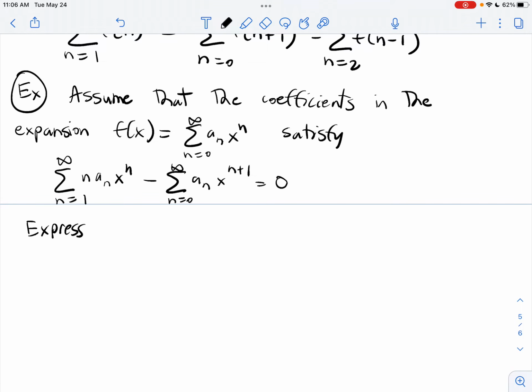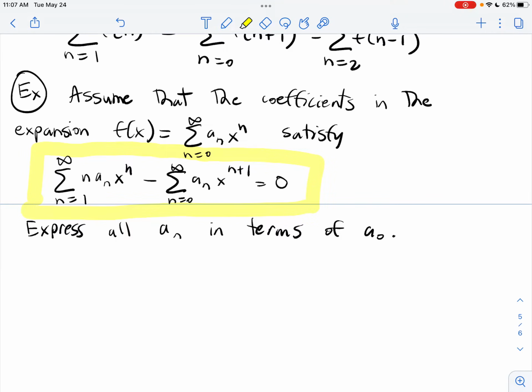The directions now say express all a_n in terms of a naught, or a0, right? So we are going to be looking at this relationship here.